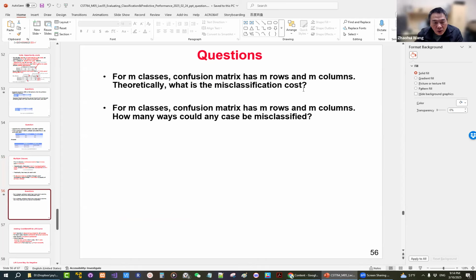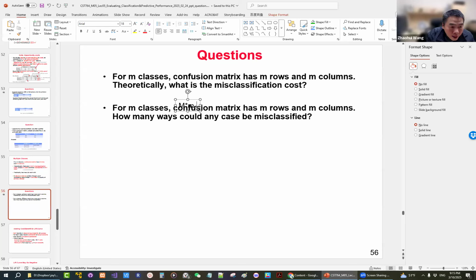Theoretically, what's the number of misclassification costs? Actually, we just discussed it already. The total is M times M, because there are M rows and M columns. There are only M correct classifications. So this will be M squared minus M, which is M times M minus 1.